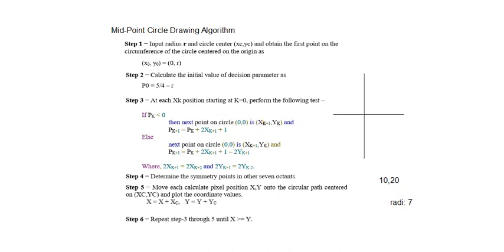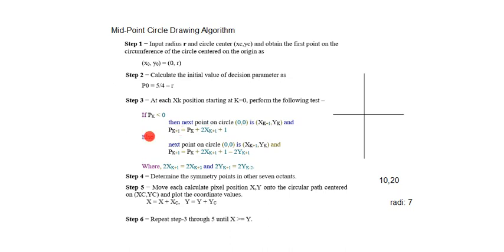So the next point is drawn like this: x will be increased, y will remain the same. And the next value of the decision parameter, pk plus 1, is pk plus 2 xk plus 1 plus 1.